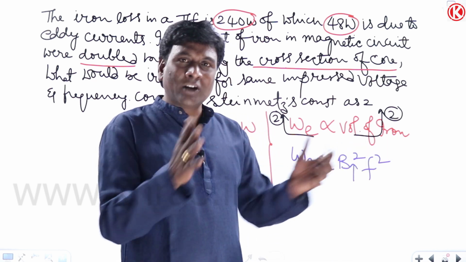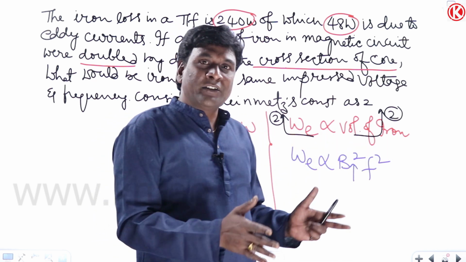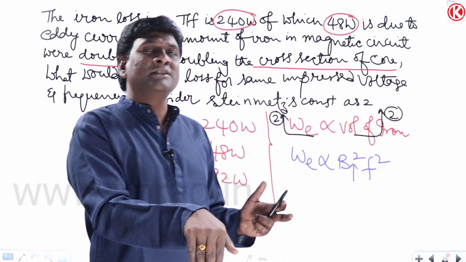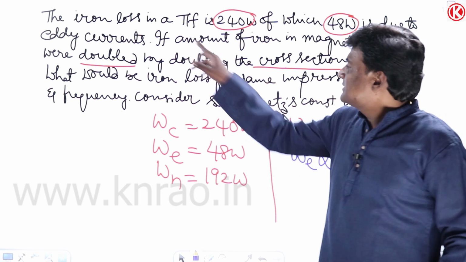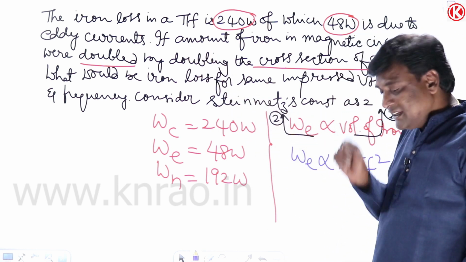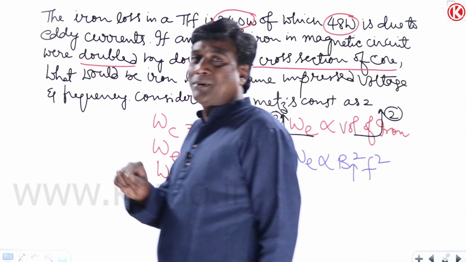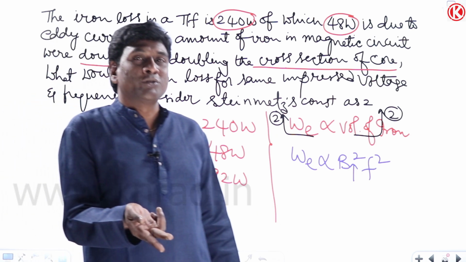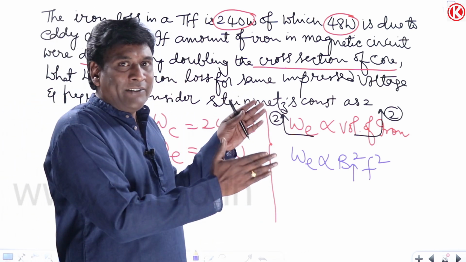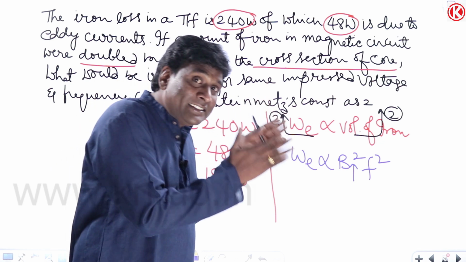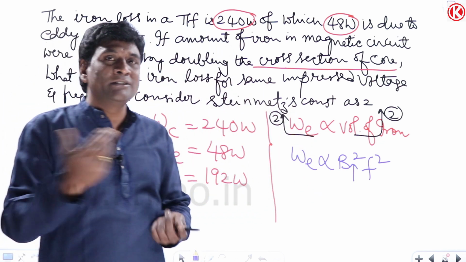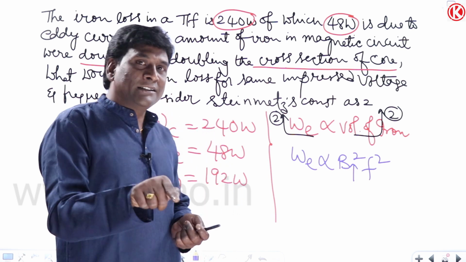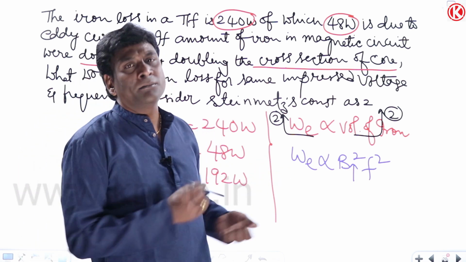For example, one transformer is designed for 50 Hz, but you supply 75 Hz. Then you are an operating engineer, because the machine is already manufactured. They are saying same voltage, same frequency, meaning that whenever you have a design part, the operating engineer part also comes, because with these design variations, if I use a particular voltage or frequency, what will happen is the question.